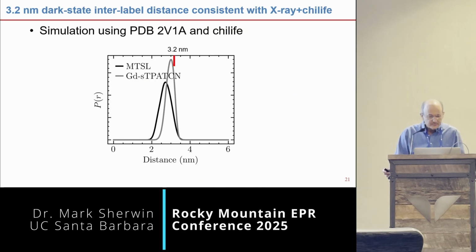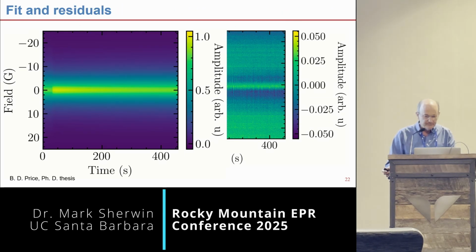And this is a simulation of the dark state distribution based on the X-ray spectrum, using the software KaiLife to account for the rotameric configurations of our spin label, and it's quite close to the value that we measure.